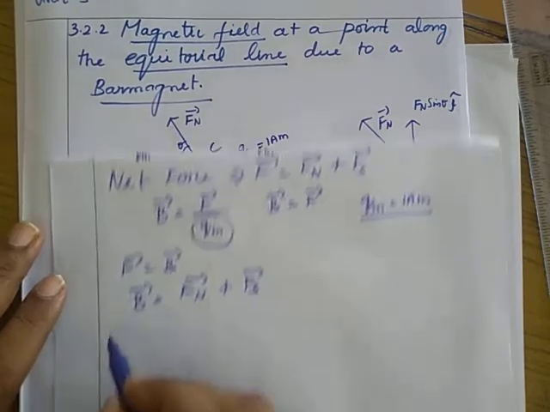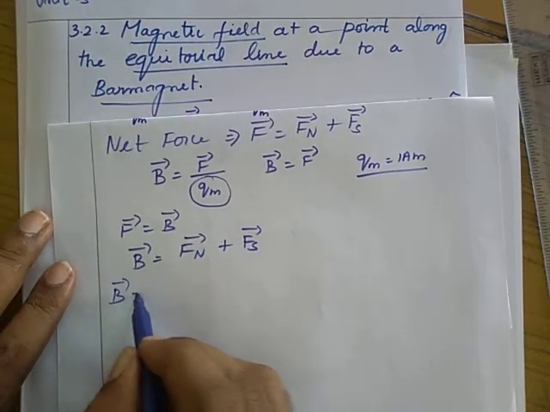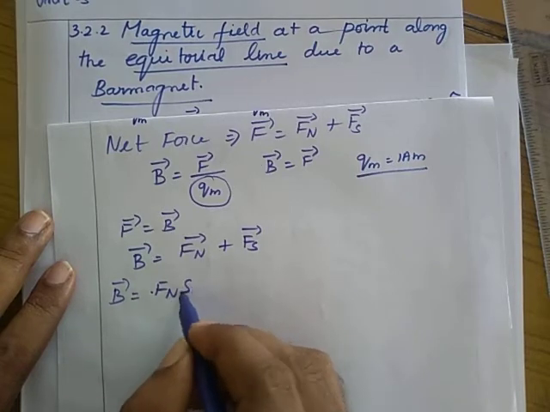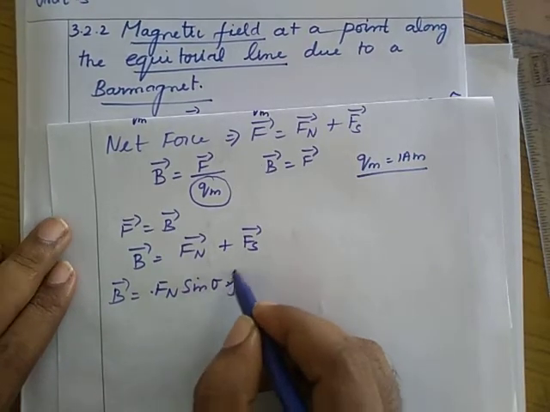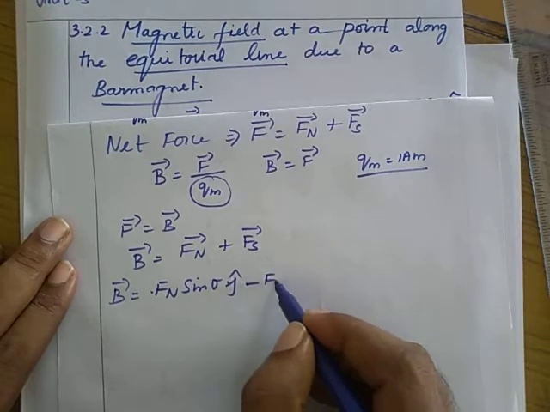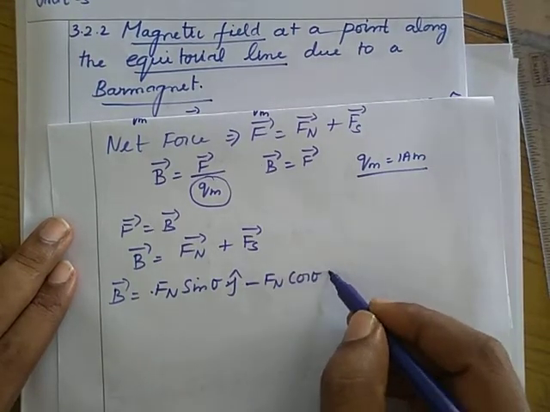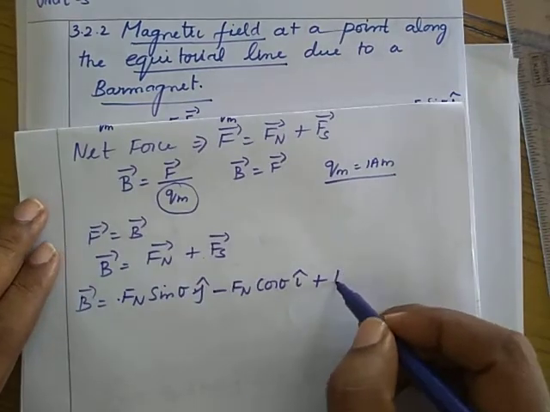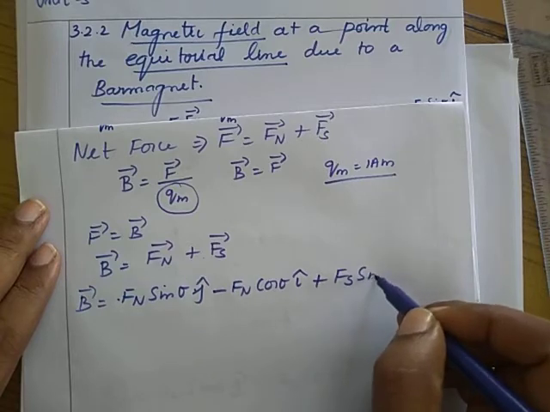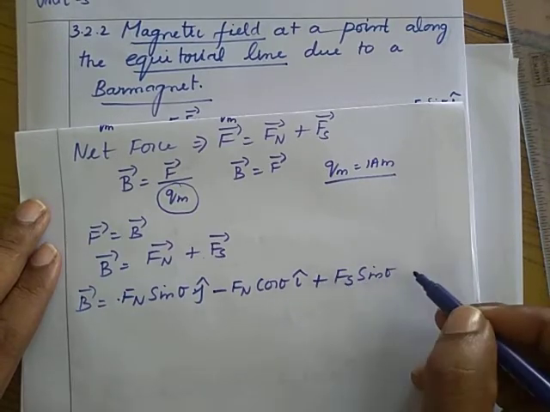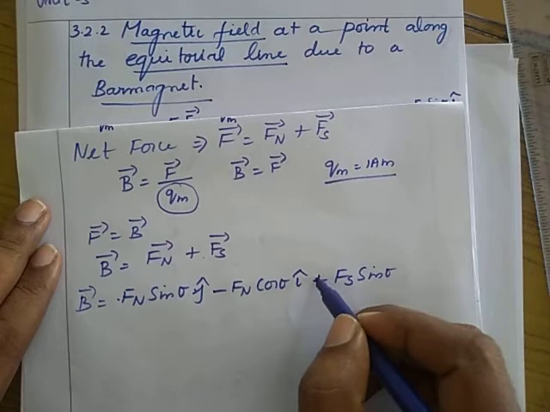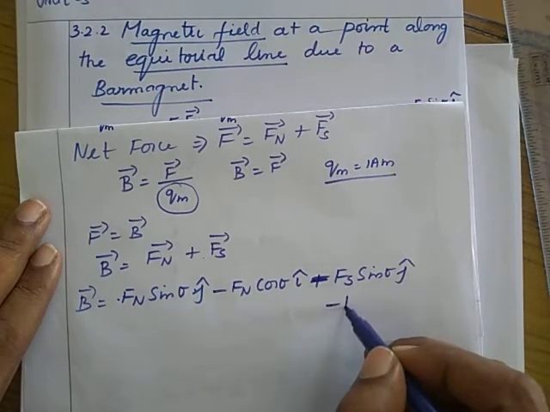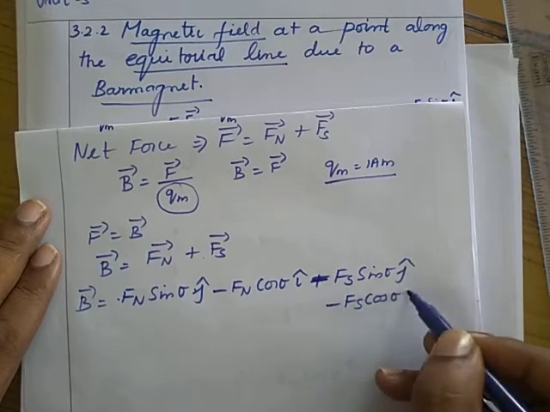Then magnetic field B vector is equal to, we know the value of Fn vector, that is Fn sin theta j cap minus Fn cos theta i cap. Then Fs vector, that is Fs sin theta minus j cap, then minus Fs cos theta i cap.